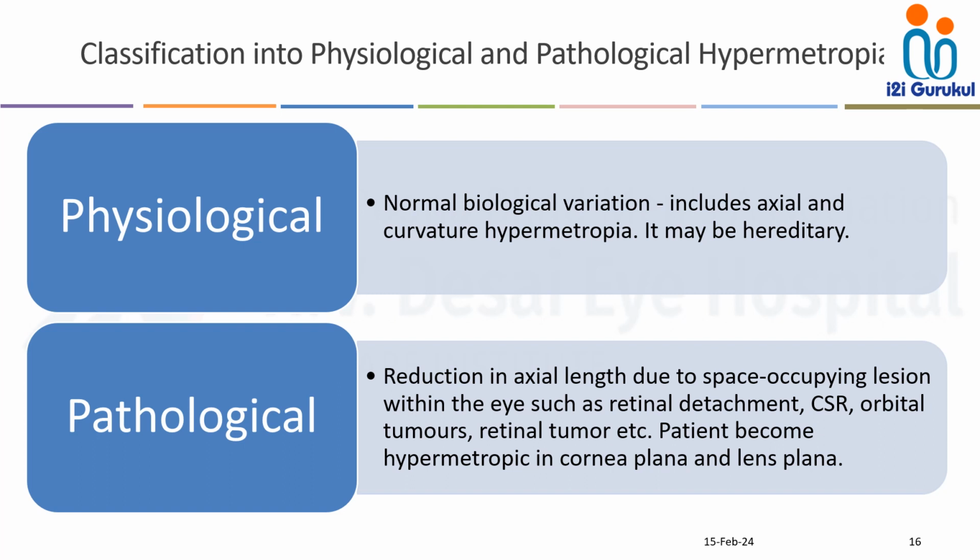The pathological is a reduction in the axial length due to space occupying lesions within the eye, such as retinal detachment, central serous retinopathy, orbital tumors, retinal tumors, etc. Patients become hypermetropic in cornea plana and lens plana. These are the two conditions where the patient may be pathologically hypermetropic.